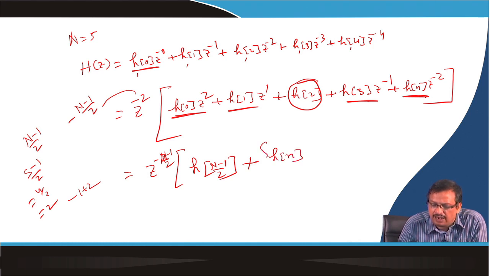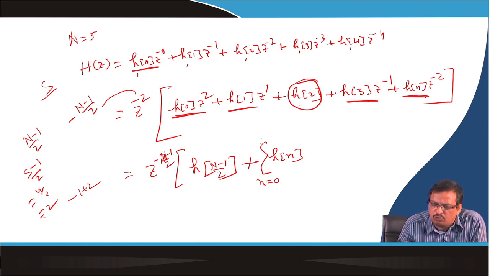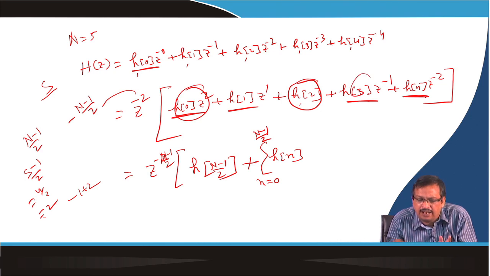So how much sample is left? One sample is taken out. So out of 5 samples, one sample is taken out. How much is there? Only 4 is there. So I can say n equal to 0 to (n minus 1) by 2. So the 4 samples also occur in pair. So 1 pair and 2 pair.